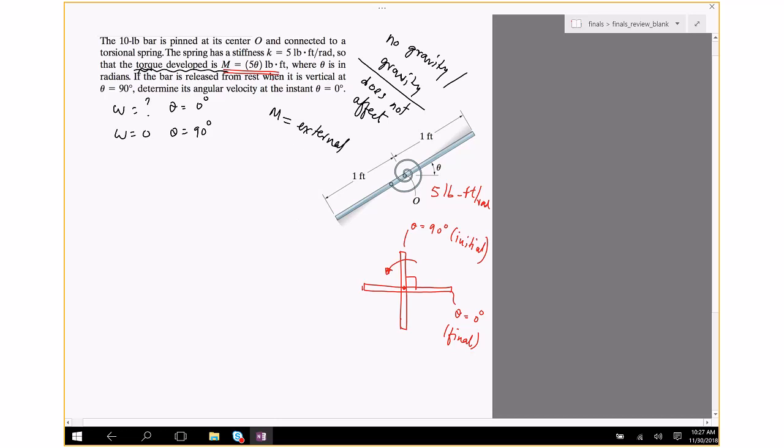So when you're given an external torque, I'm actually hesitant on using conservation of energy, because I do not know if that torque is a conservative torque or not. So I'm more inclined to skip 2A, and instead use 2B, which does not make any assumption about the nature of forces. So let's use the principle of work energy.